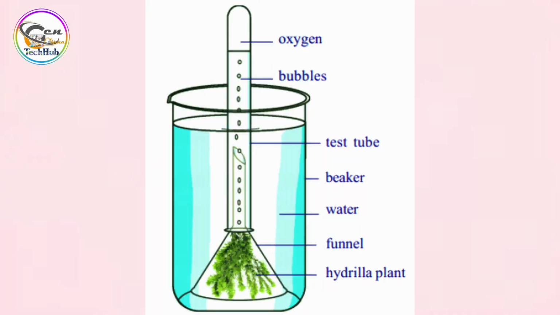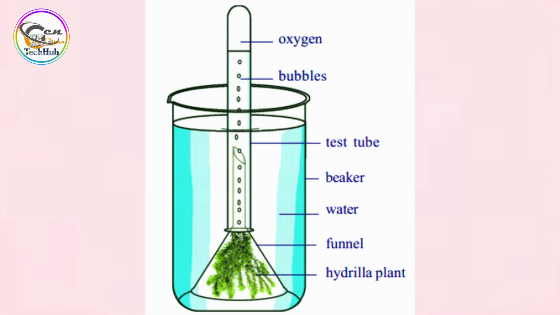And we have this form of setup. We have an inverted funnel. This inverted funnel is supported by small pieces of wood here so that the gas can get in and out of the water. And we have, of course, a test tube to collect this gas.